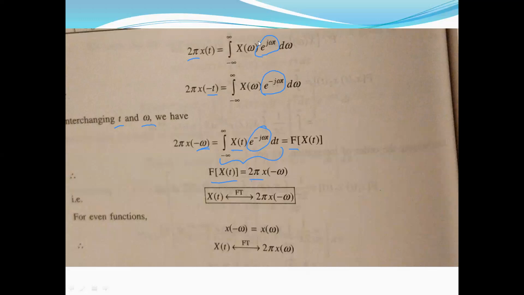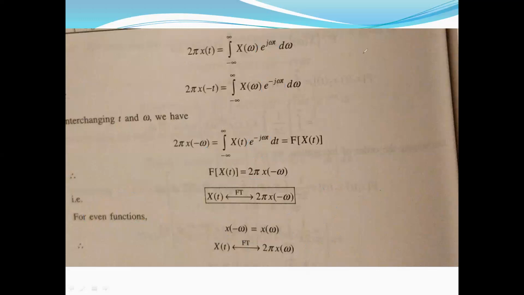That's what we stated in the duality property above: X of t has a Fourier transform of 2 pi into x of minus omega. And you know that for an even function, x of minus omega is equal to x of omega. So that becomes 2 pi into x of omega. So that is the proof of the duality property.